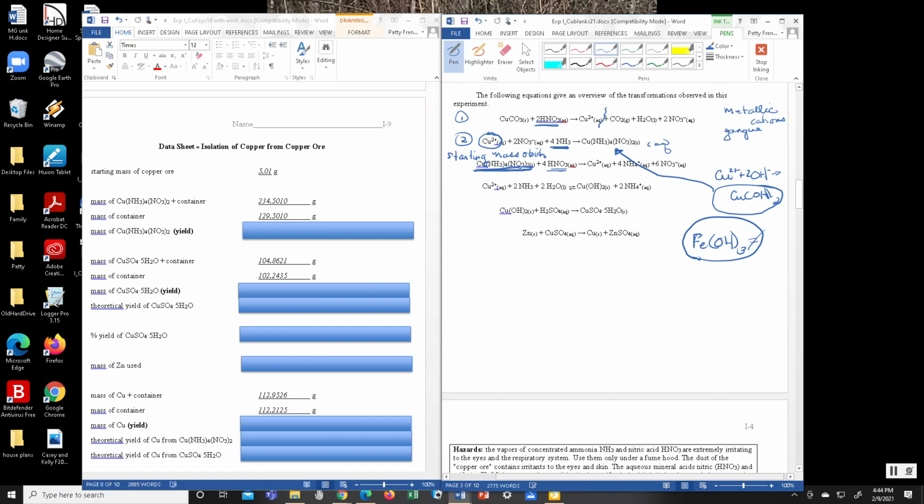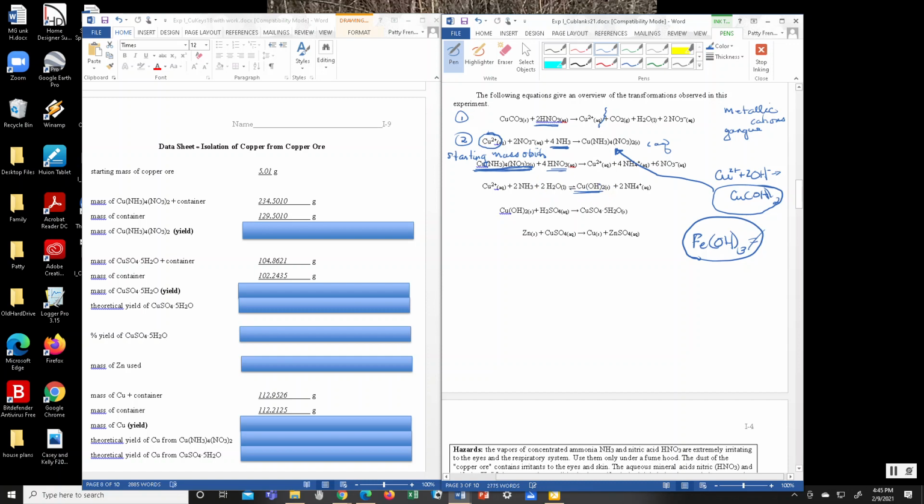So we massed it, then we dissolved it in water, and then we made it a little basic, so it went back to that copper 2 hydroxide, but not with ammonia, not enough so that it took the ammonia, made the tetramine again.